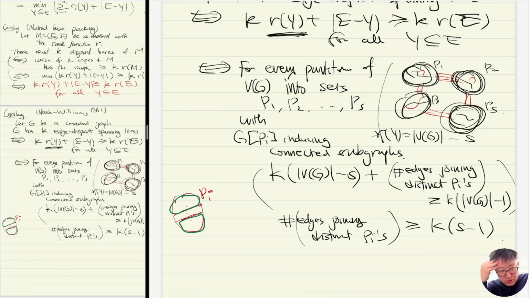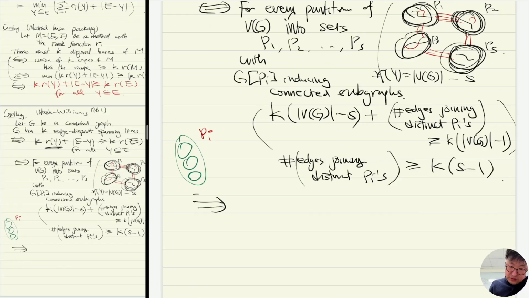If I split it into two pieces, then S is increasing, so the right hand side increases, and that is a good inequality. So if I have a Pi which happens to be disconnected with many components, then the right hand side will increase and it will also be satisfied. So we don't need this extra condition.